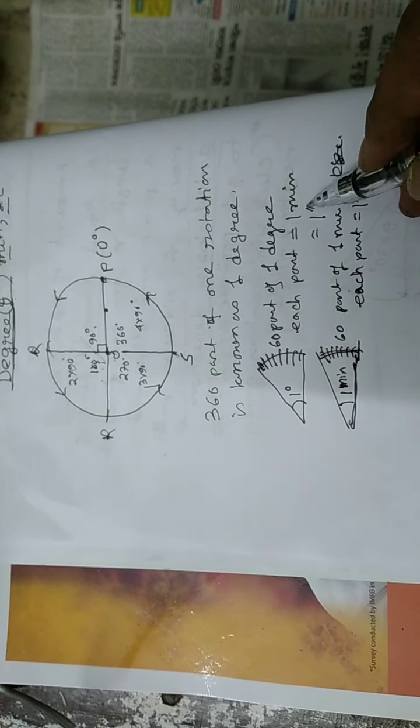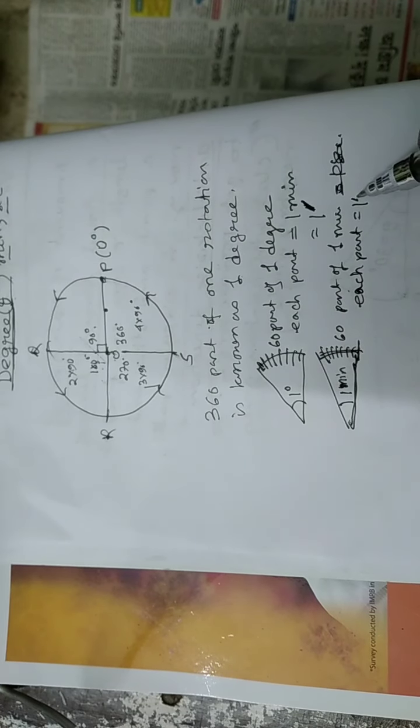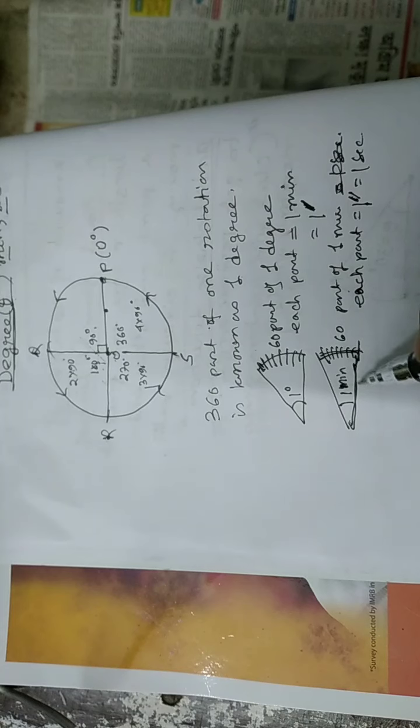So 1 minute is again divided into 60 parts, each part equal to 1 second. This is single stroke, this is double stroke. Second. 1 second.